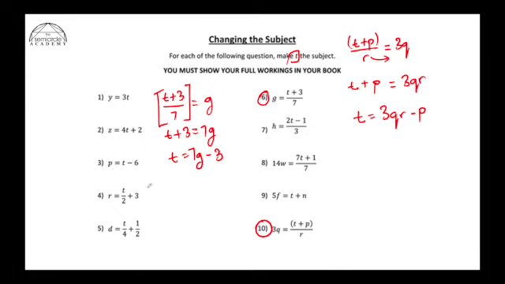Like Ariel, you are supposed to recognize that if you have t plus 3 all over 7, that is the same as saying t over 7 plus 3 over 7. So now I could say t over 7 plus 3 over 7 is equal to g, and now I could throw the 3 over 7 across.